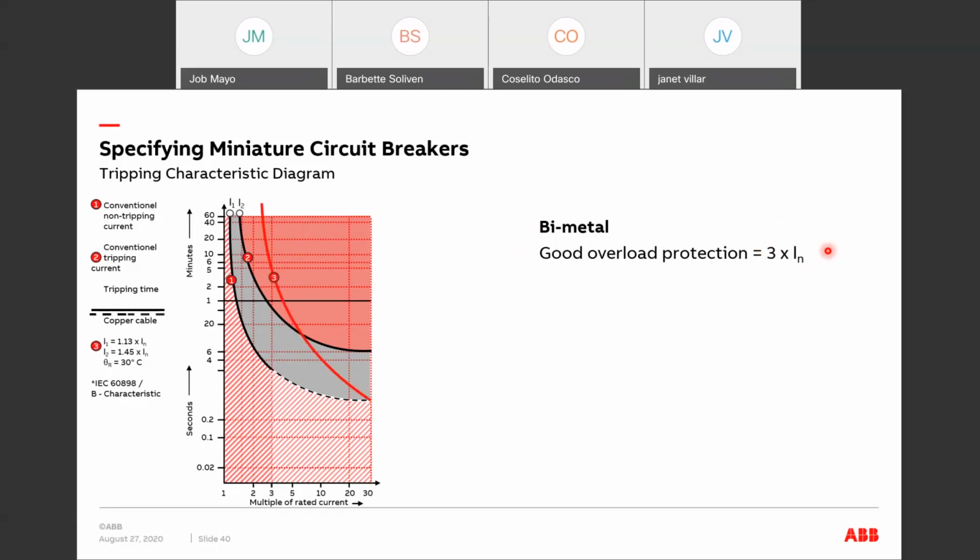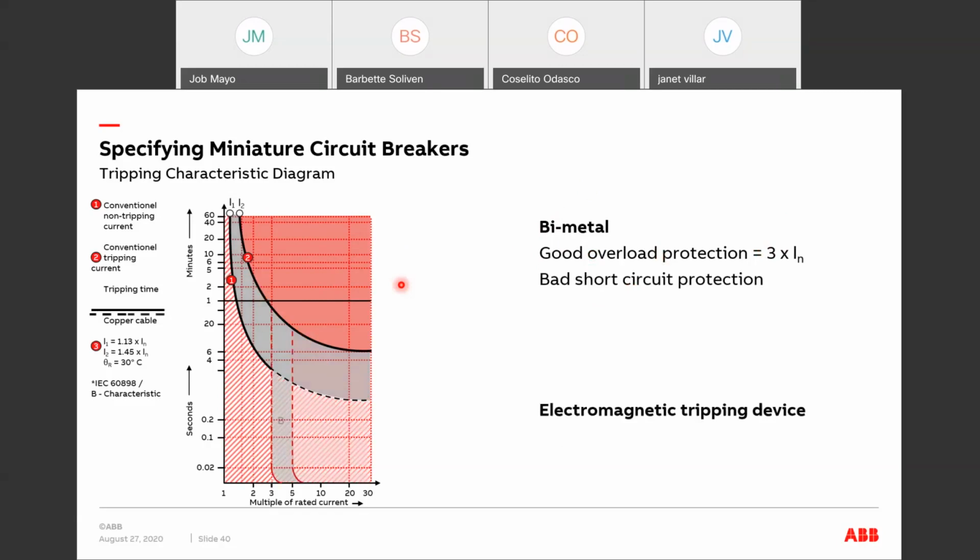So here's the cable. So the bad short circuit protection primarily because it's on the overload protection zone, but if we use the electromagnetic tripping device, which is in this one, we can see that the copper cable will be protected during overcurrent in this case.